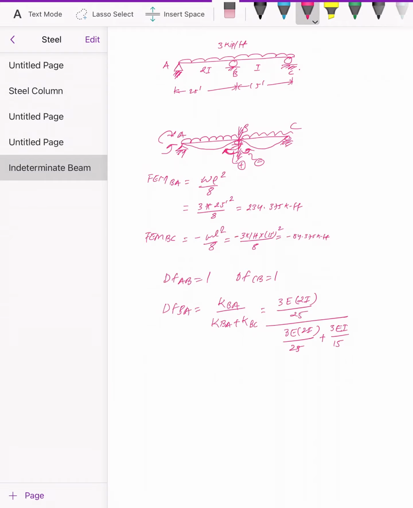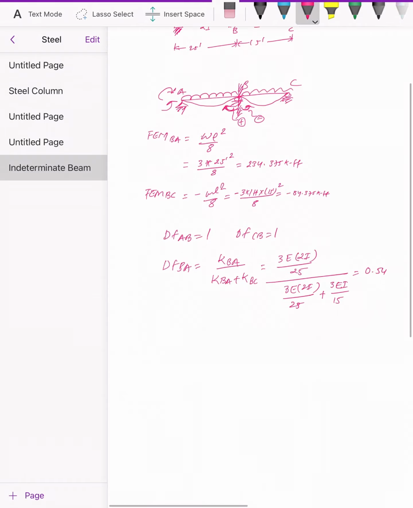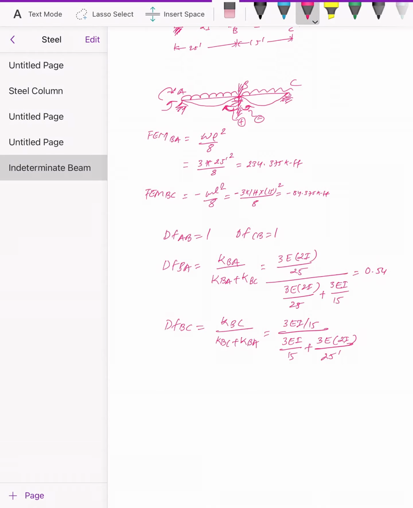Calculating this, we get our distribution factor of BA as 0.54, and the distribution factor of BC is equal to the stiffness of member BC divided by the sum of the stiffnesses of BC plus BA, which gives me 0.46. All right, so we are halfway now.